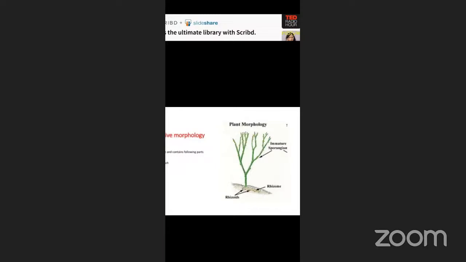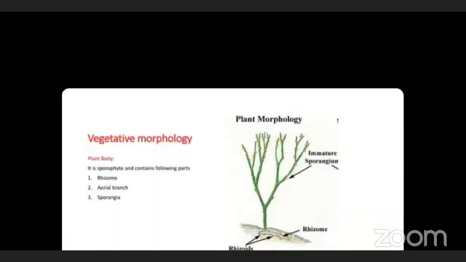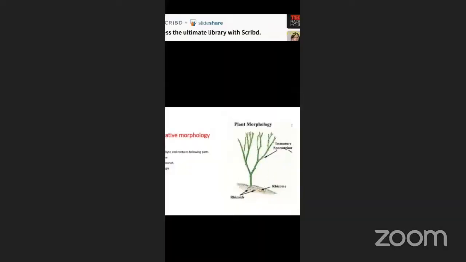When we take the transverse section of the rhizome, two parts can easily be identified: the outer one is the cortex and the inner central region is the stele. The cortex is differentiated into three zones.